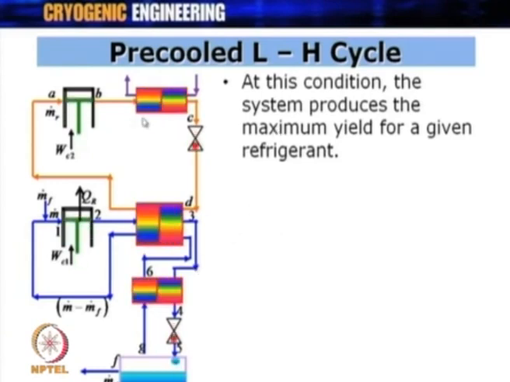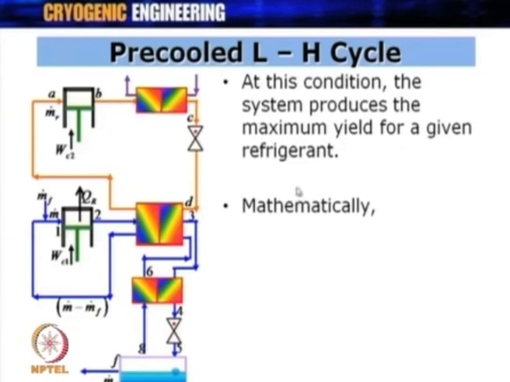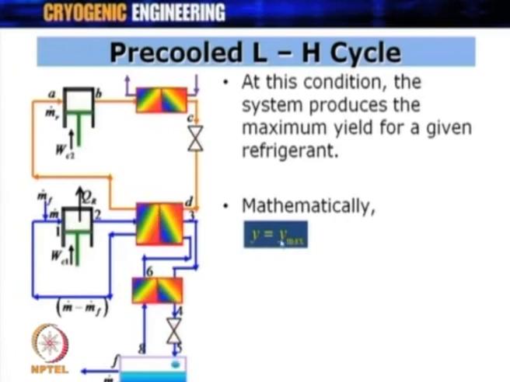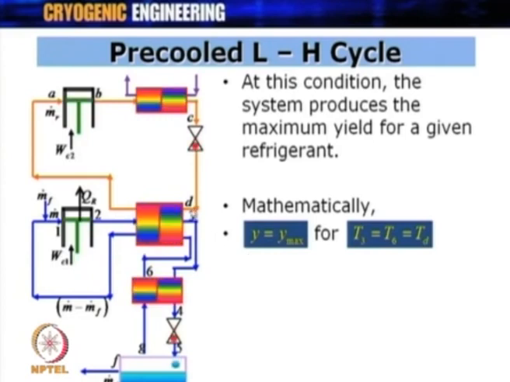When the gas enters the heat exchanger at the boiling point of this refrigerant, whatever yield you get is the maximum yield for a given refrigerant, and for a given liquefier also. So mathematically, if we want y equal to y max, then T3 equal to T6 equal to T_D, and T_D is nothing but the boiling point of the refrigerant in this circuit, at this particular pressure.